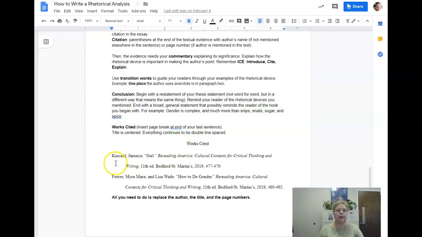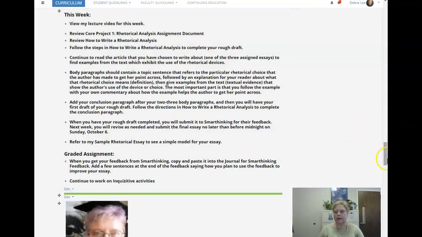It's going to be really important for you to note that this comes in alphabetical order, and that you always want to make sure that your reader can identify which source it goes to. This time we don't have to worry about that because we only have one source, which is the essay that you're writing about.